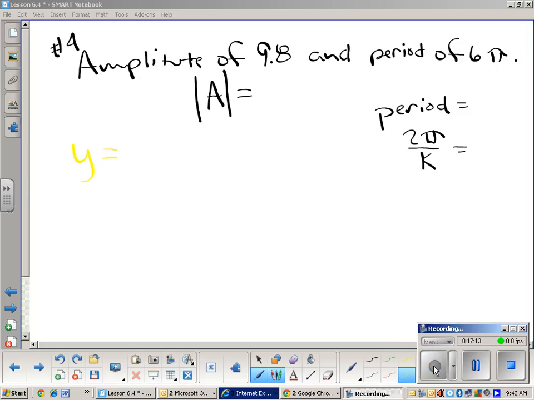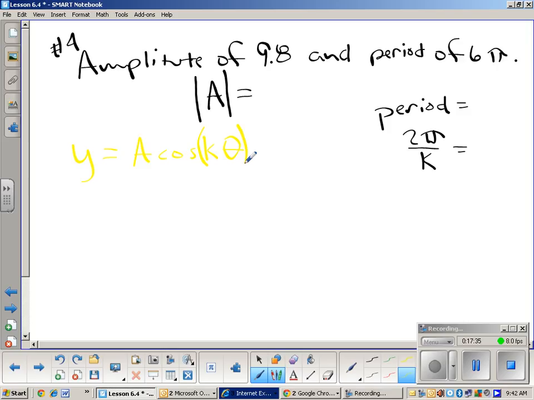Again, we're looking at this model. It's y equals a cosine k theta. Okay? You might want to think of it this way for later on when we add more to this equation. For now, this is all we're looking at.